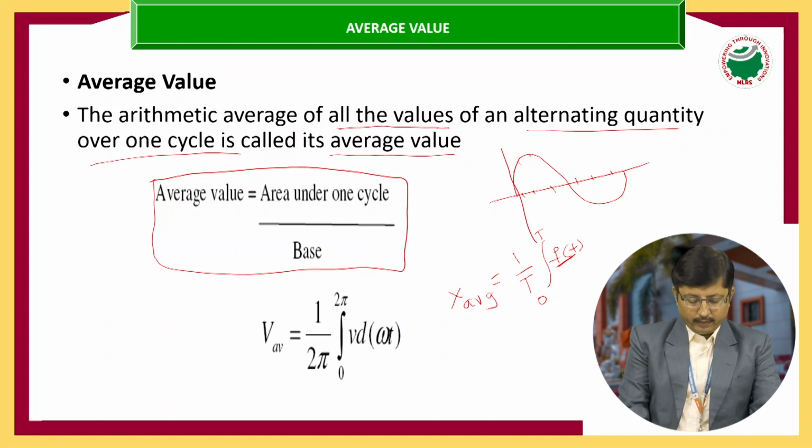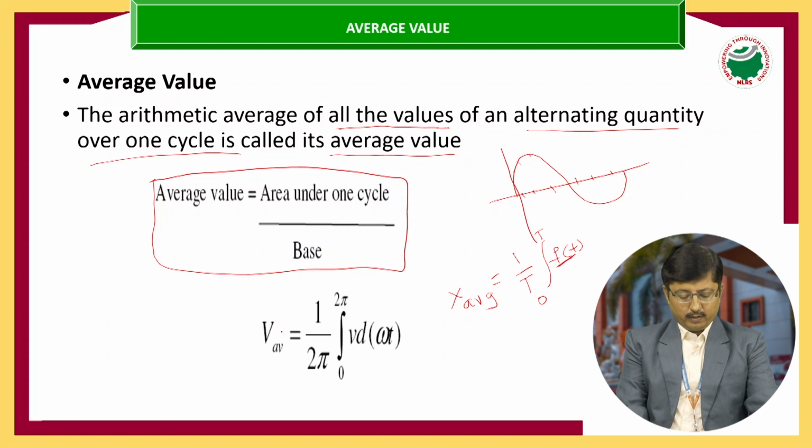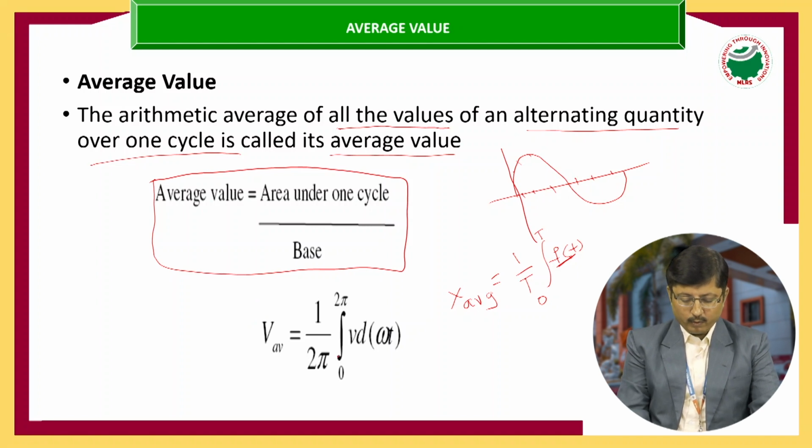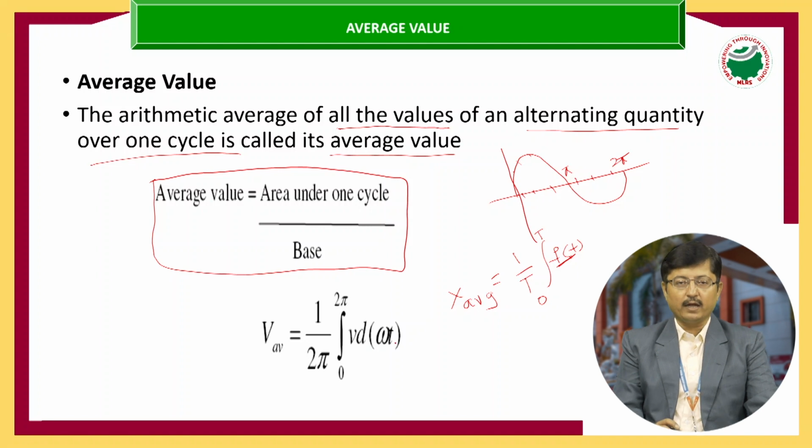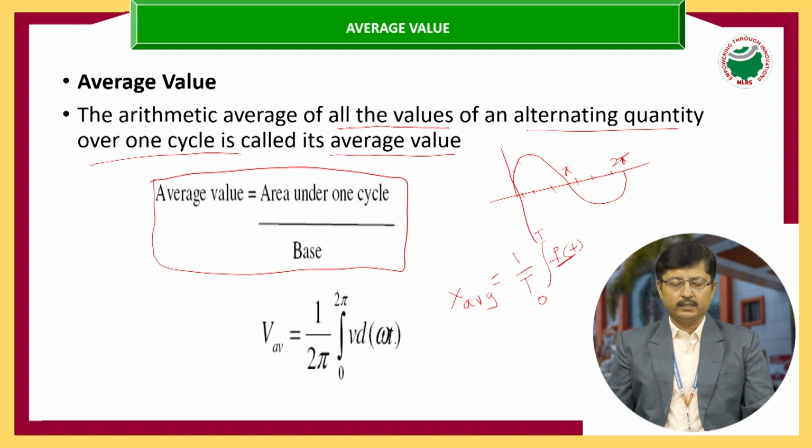For example, the average value of voltage is V average equals 1 by 2 pi integral 0 to 2 pi of V d omega t, since one complete cycle is 2 pi.